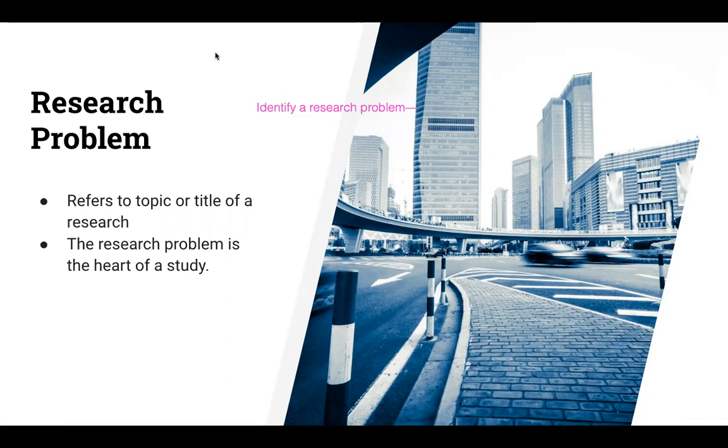I'll have an assessment before the lectures, then I will conduct 30 lectures and assess their performance, and I will see if my lecture has an impact on their performance. I'm going to identify the research problem, which is the heart of the study.